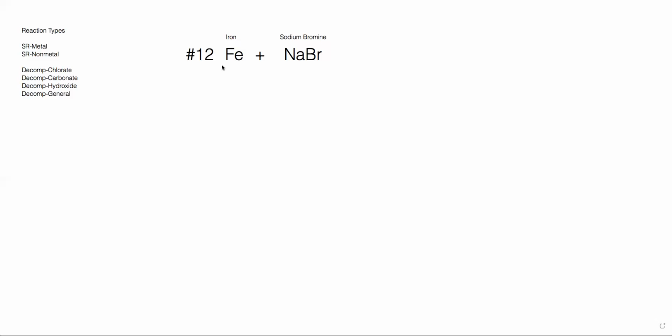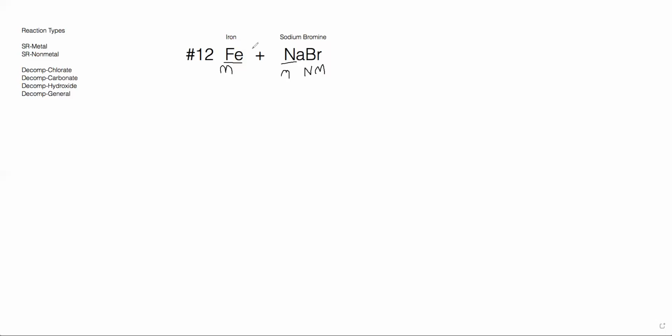So is iron a metal or a non-metal? Iron is a metal. All right. Is sodium a metal or a non-metal? Sodium is actually a metal, and then bromine is a non-metal. So this is going to have to be a single replacement metal reaction. So the metal is going to switch with a metal. We're going to have sodium, and instead of sodium bromine, we're going to have iron bromine.